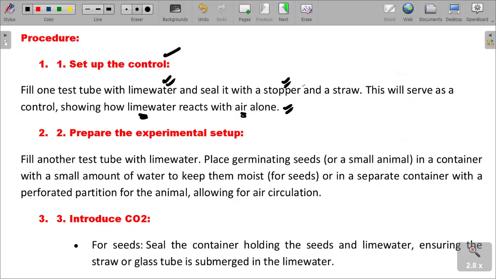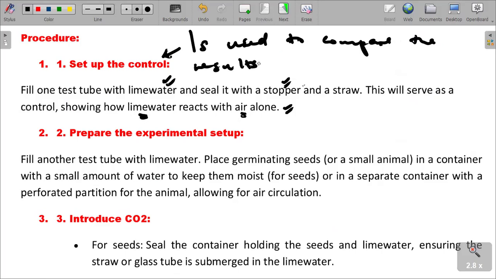So a control, what is happening there is that it is used to compare the results in an investigation.